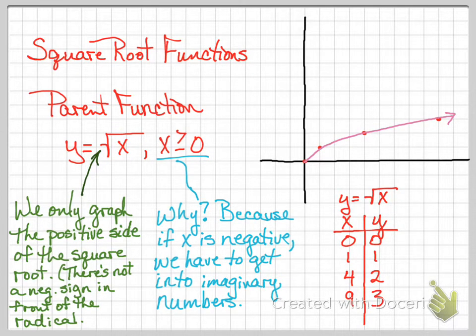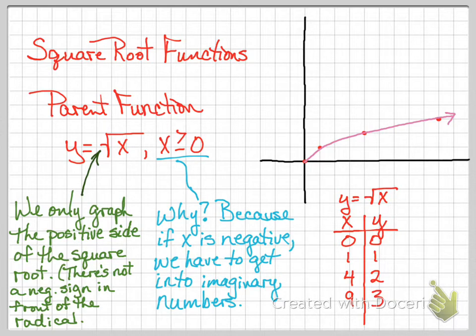Alright. Let's take a look at the graph of the parent function. Again we said y equals the square root of x, where x is a positive number or 0. Again, I wrote down there the note. Why? Because if it's negative, we get into imaginary numbers.